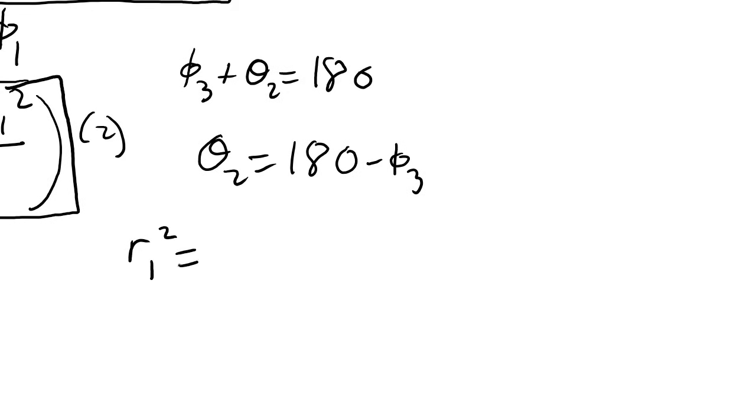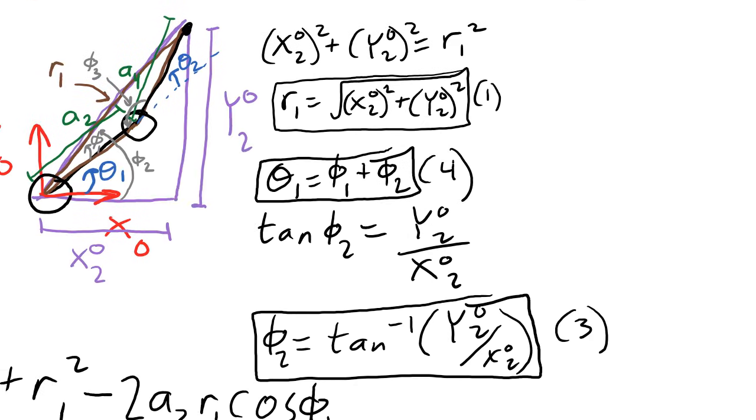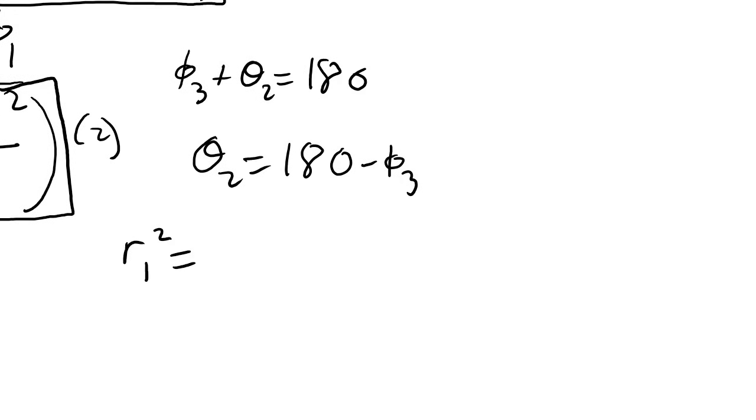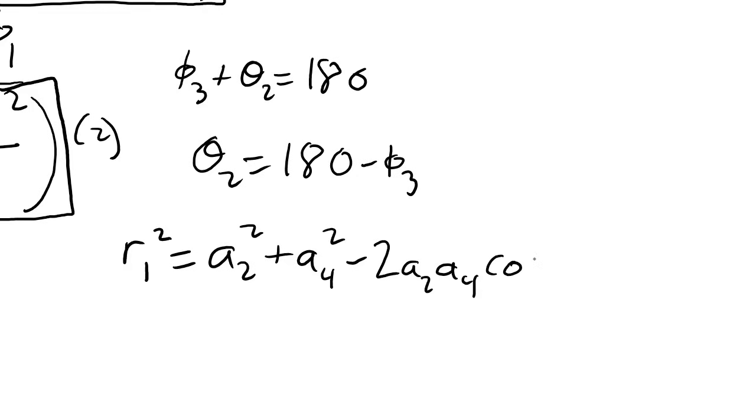So we'll do R1 squared is equal to, now we need the lengths of the other two sides, A2 and A4. A2 squared plus A4 squared minus 2 A2 A4 cosine the angle we're looking for, phi 3. Let's solve this for phi 3.